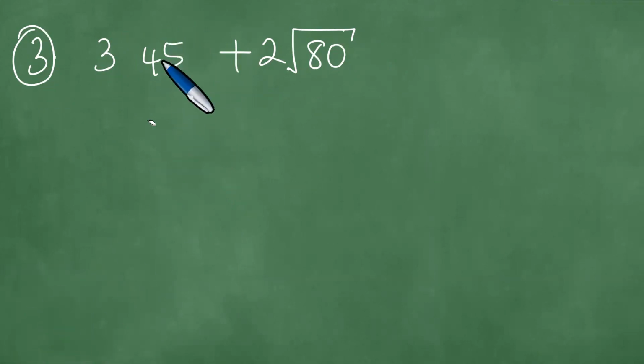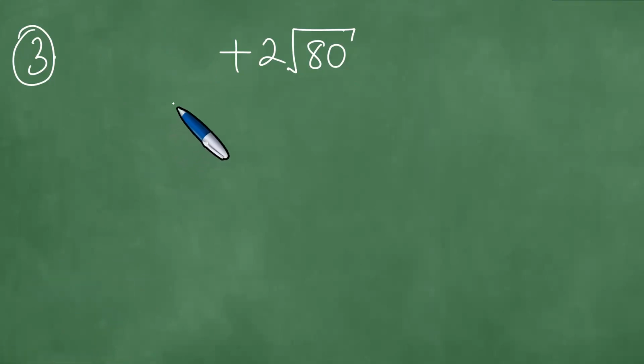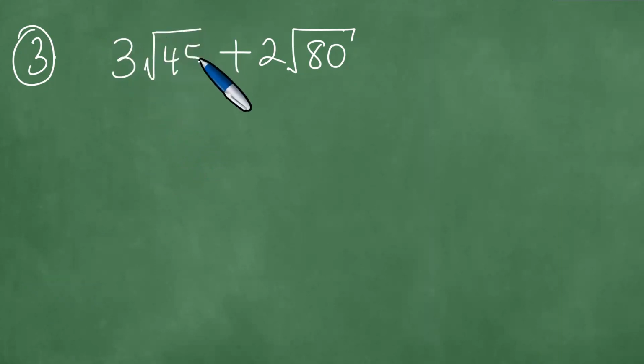So we have 3 times the square root of 45, that's 3 times the square root of 45. I'm giving you a minute to do this one quickly.